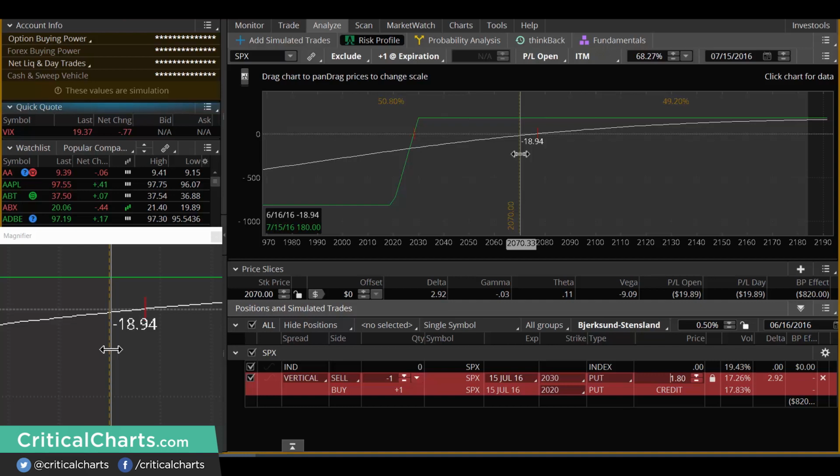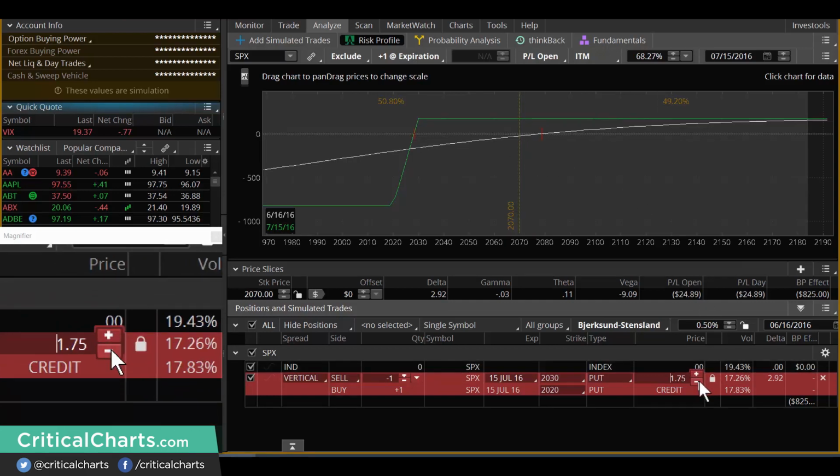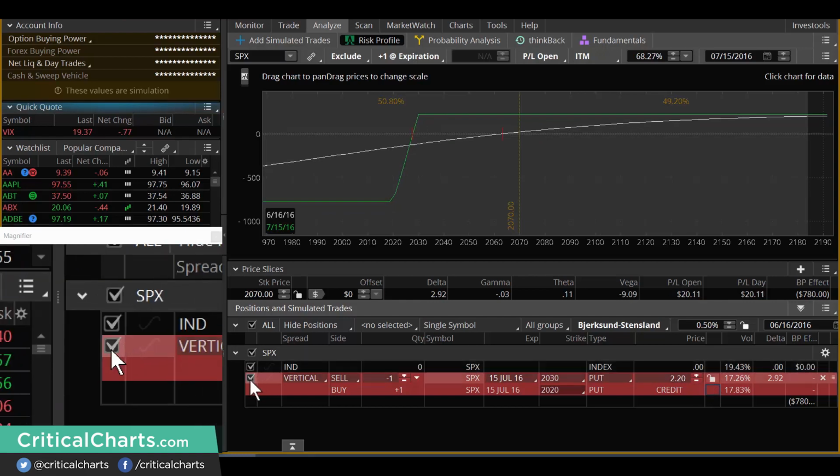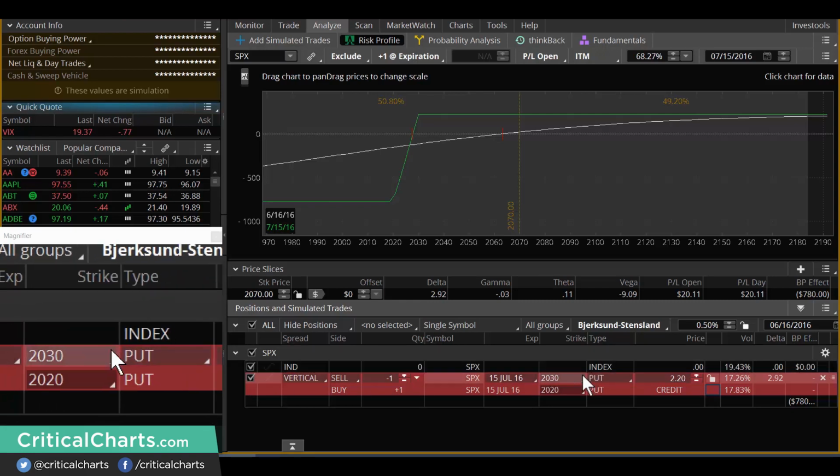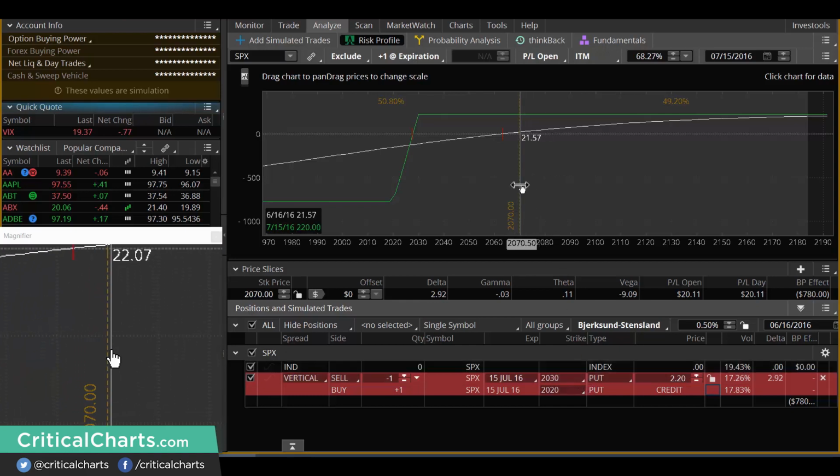Multiply times 100 gives you your $180. So that's the thing: when you're a net seller of option premium, having a higher VIX allows you to sell options for more money, and therefore you collect more premium on the options.